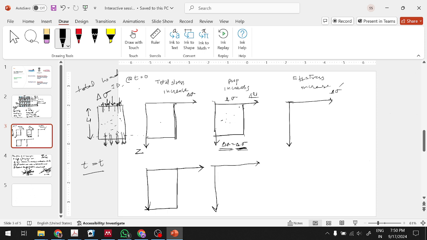So at the ends, the delta sigma will decrease, and at the center, it is yet to decrease because water has not escaped these pores here. Okay. And as for sigma effective, at the ends, one second.